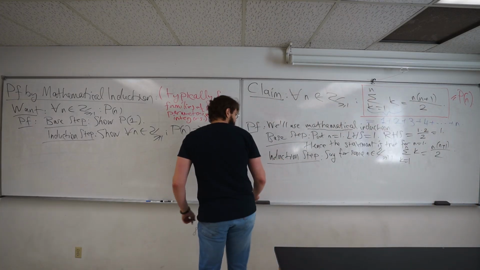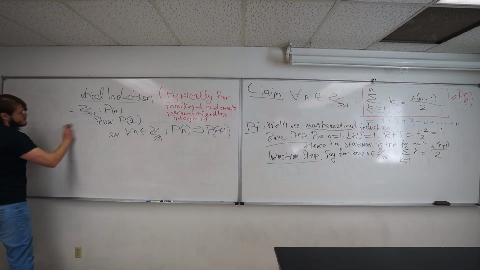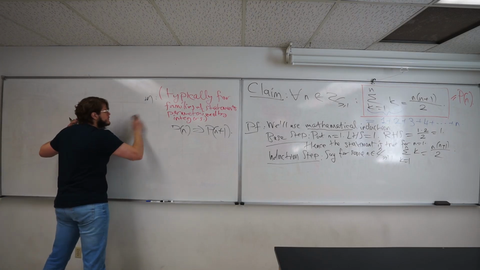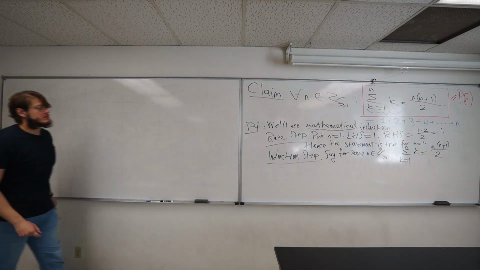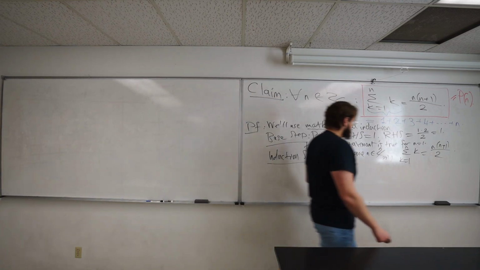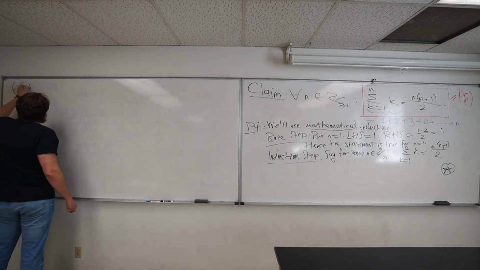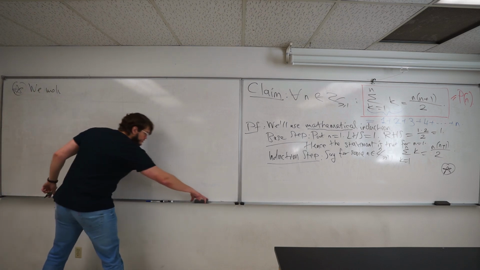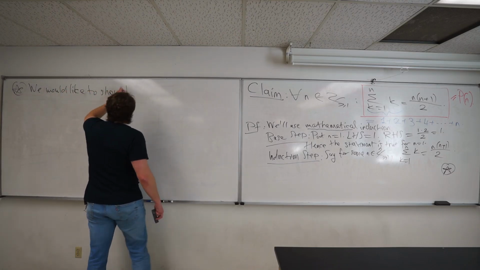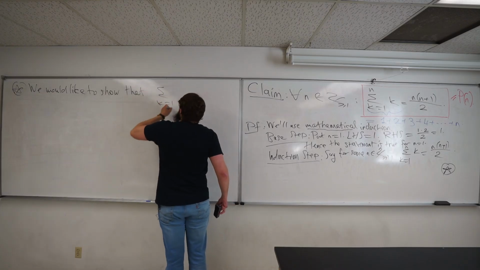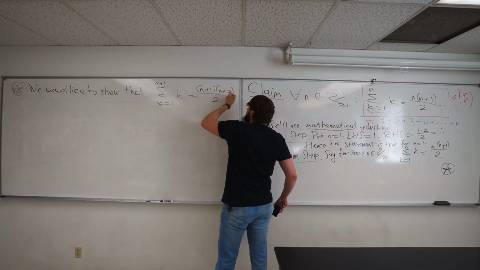We would like to show, I'll write it here, that the sum of k from 1 to n plus 1, k equals n plus 1 times n plus 2 divided by 2.